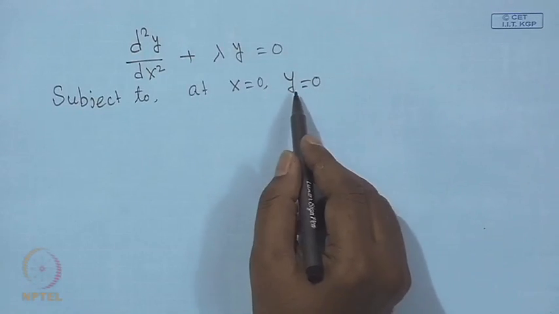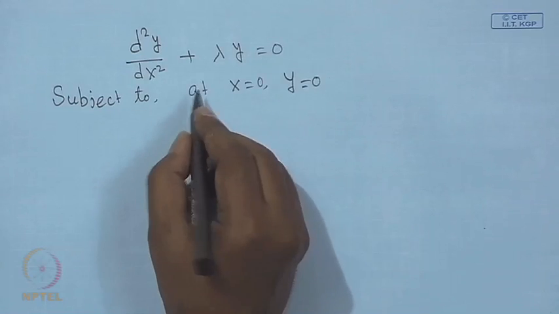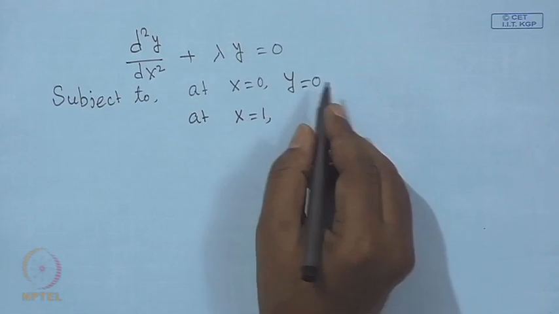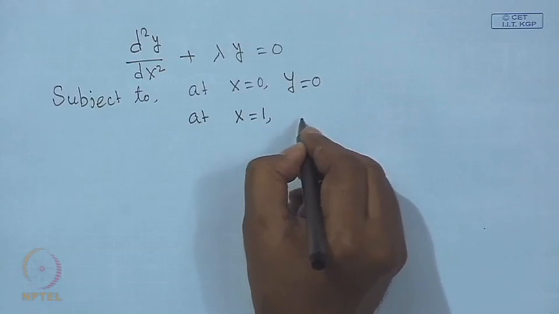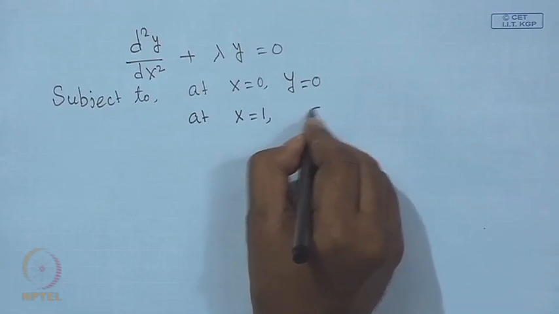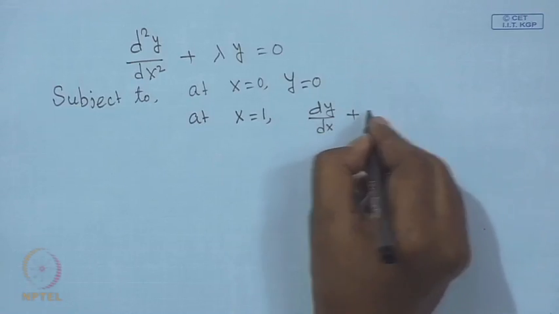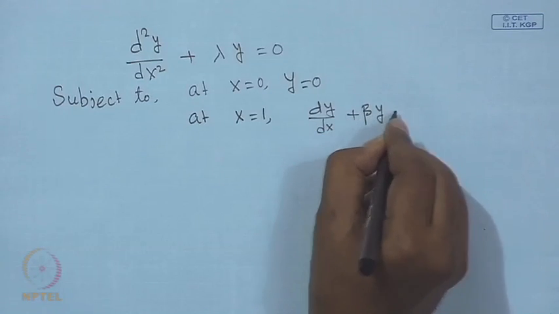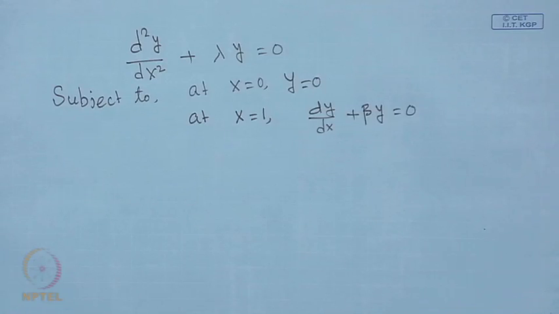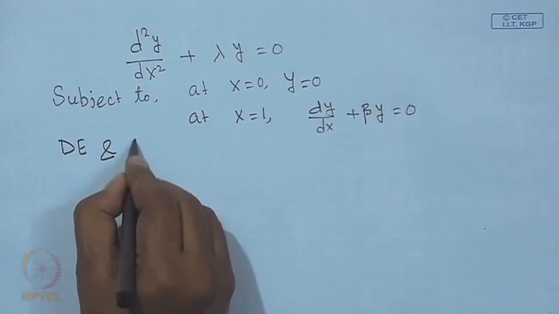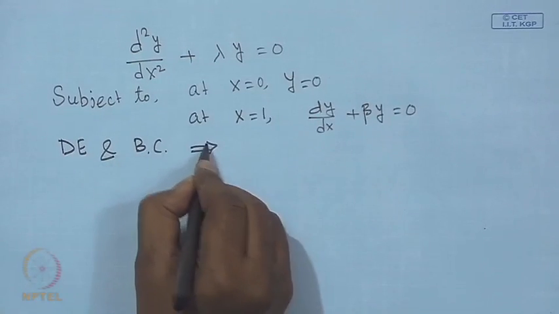We keep the Dirichlet boundary condition here as it is, we change the other boundary condition at x is equal to 1, we use a Robin mixed boundary condition. So, that will be dy dx plus beta y is equal to 0. Please check that again we have a homogeneous system of equations, the differential equation and boundary conditions are all homogeneous.